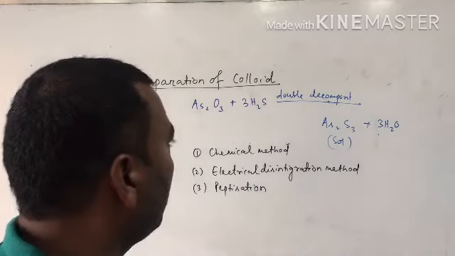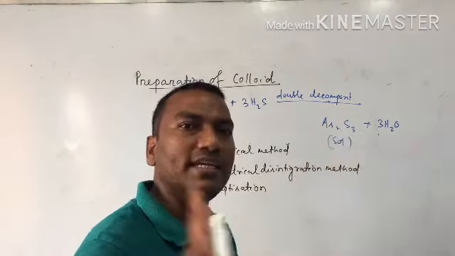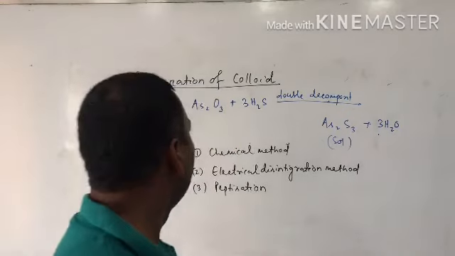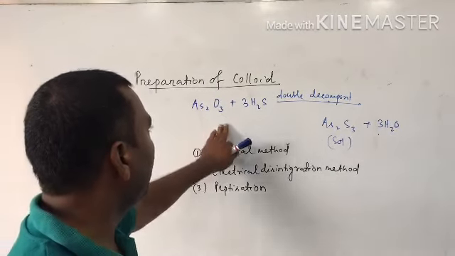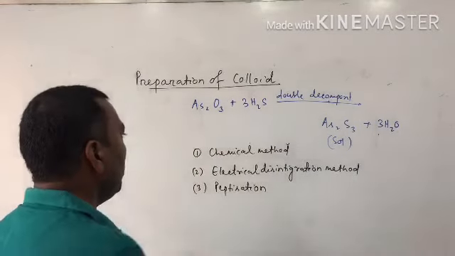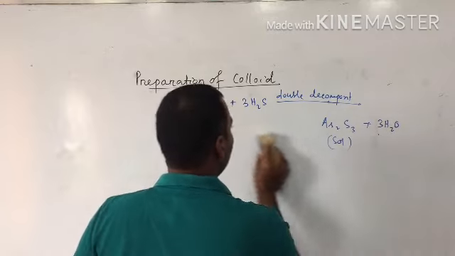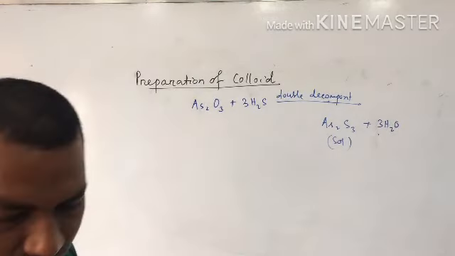In the exam, a question will come on how this salt can be prepared, so we have to write the chemical equation. When arsenic oxide and H2S gas react, then by the double decomposition method we can prepare this sulfide salt.